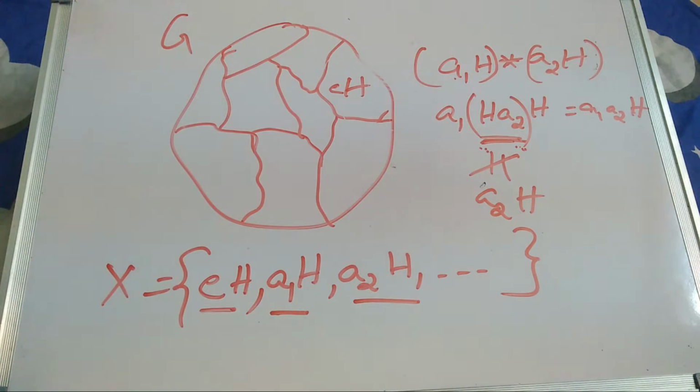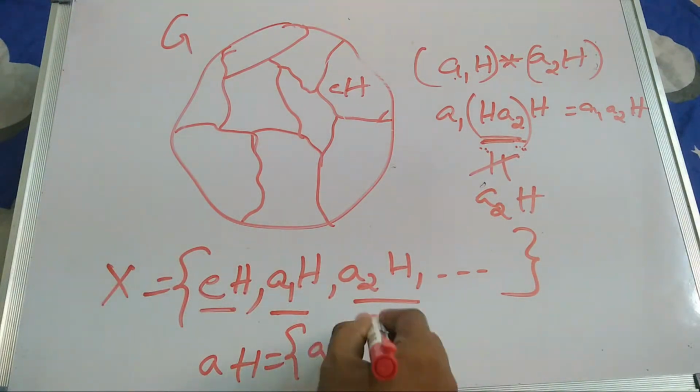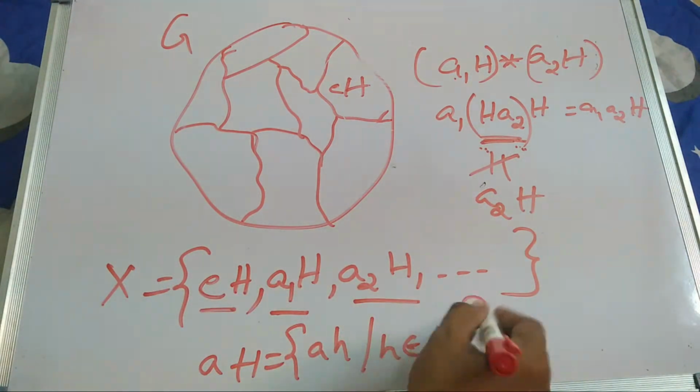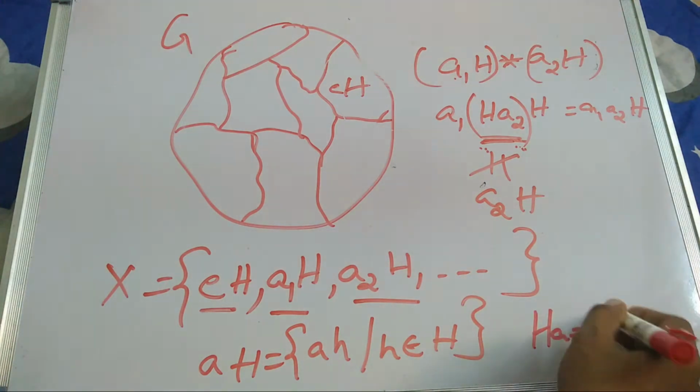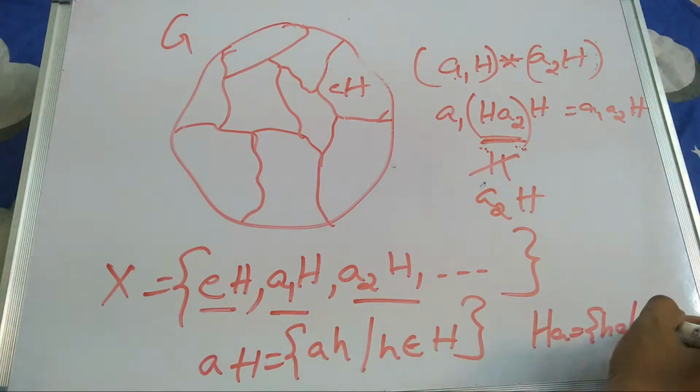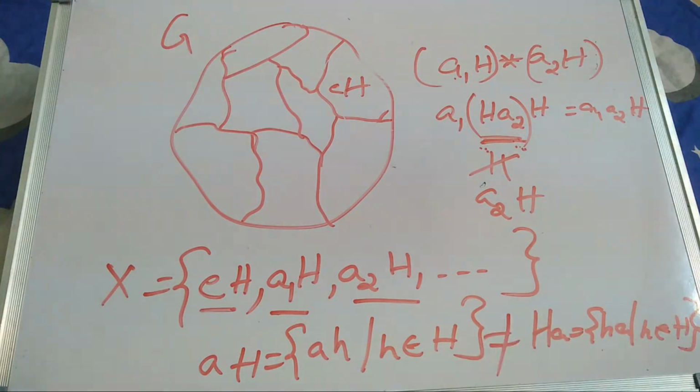Now, in general, the set AH, equal to ah such that h belongs to H, and the set HA, equal to ha such that h belongs to H, need not be equal in general. It might be equal at times, it might not be equal at times.